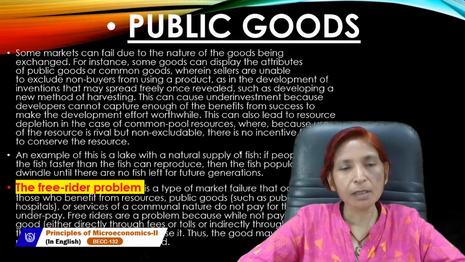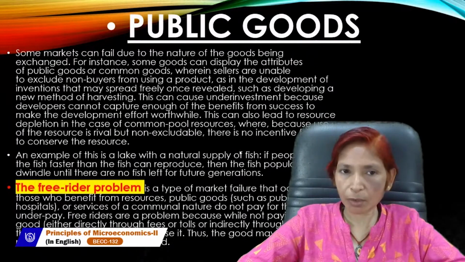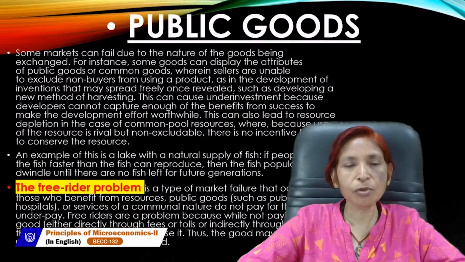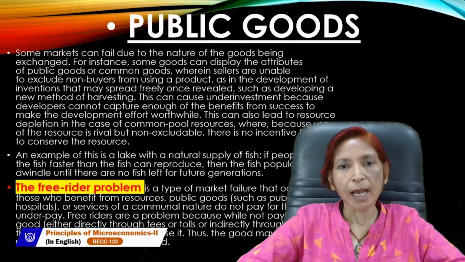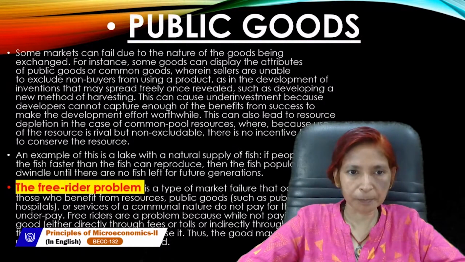Some markets can fail due to the nature of the goods being exchanged. For example, some goods can display the attributes of public goods or common goods, wherein sellers are unable to exclude non-buyers from using a product. As in the development of an invention that may spread freely once revealed, such as developing a new method of harvesting.